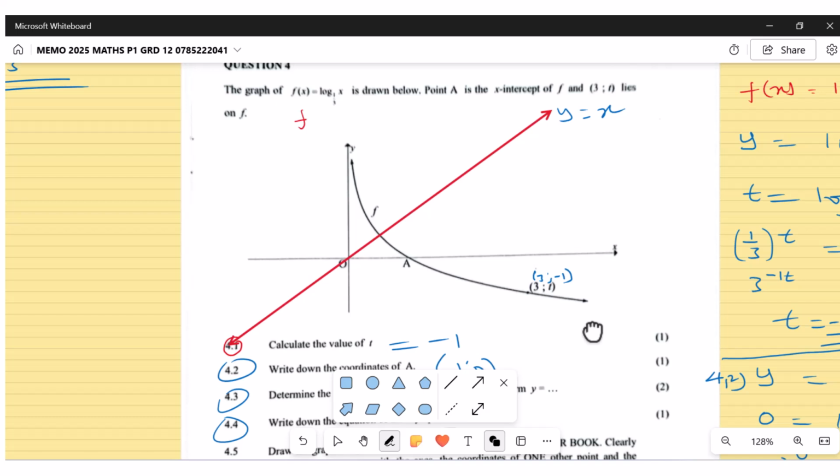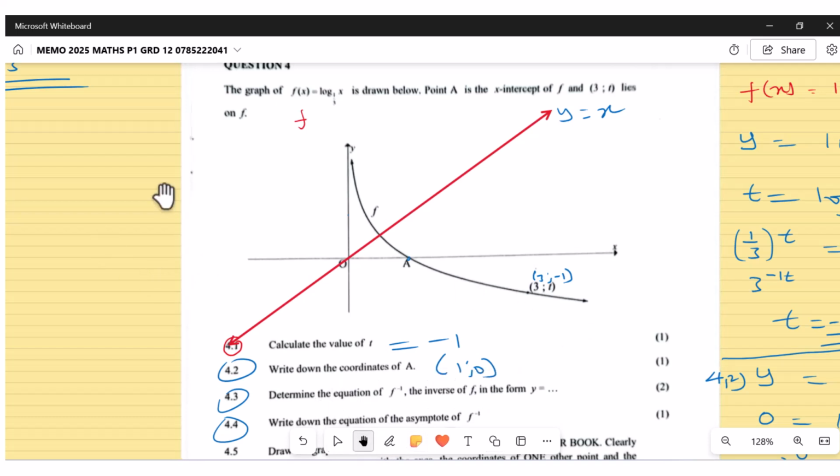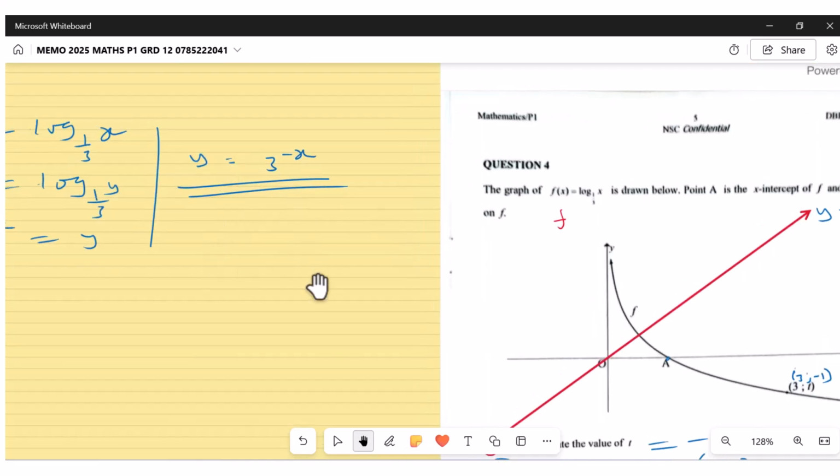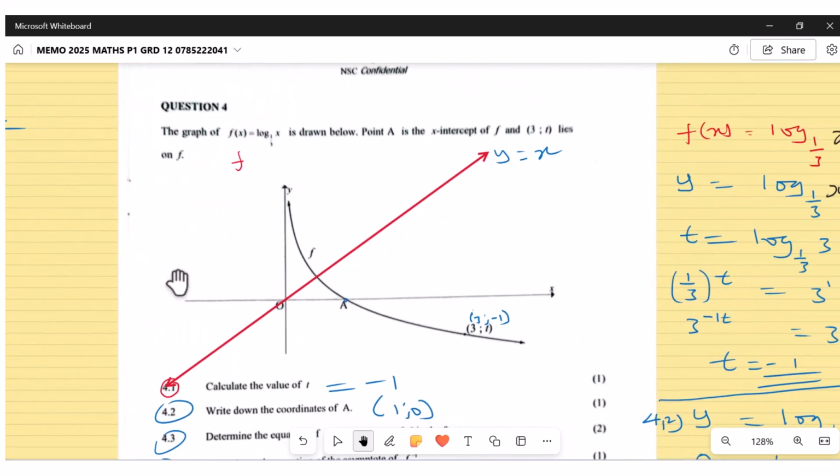Don't forget, what you see here is the exponential function. If I put in the coordinates, for example, if I say x is negative 1, I'm going to have 3 power minus minus 1, which is going to give us 3, so it's passing at 3.